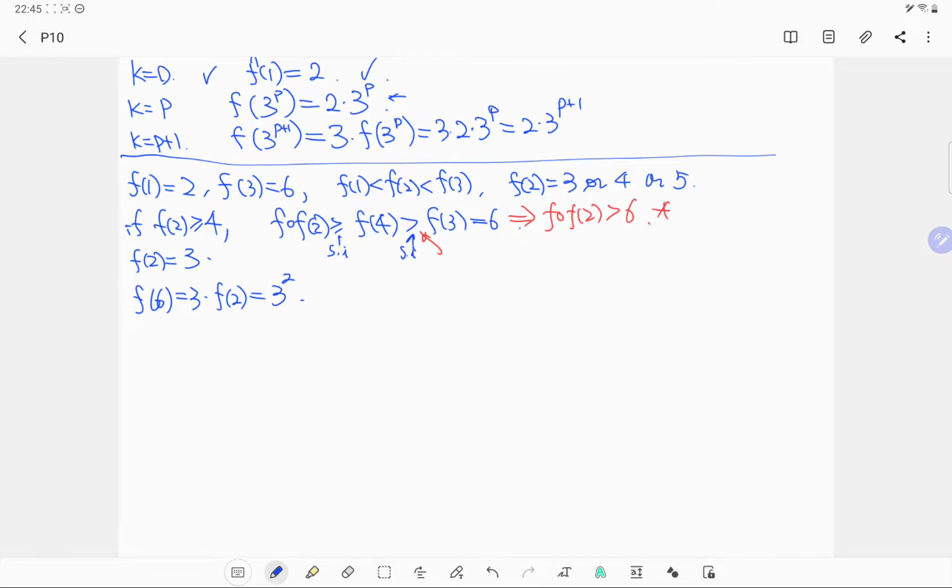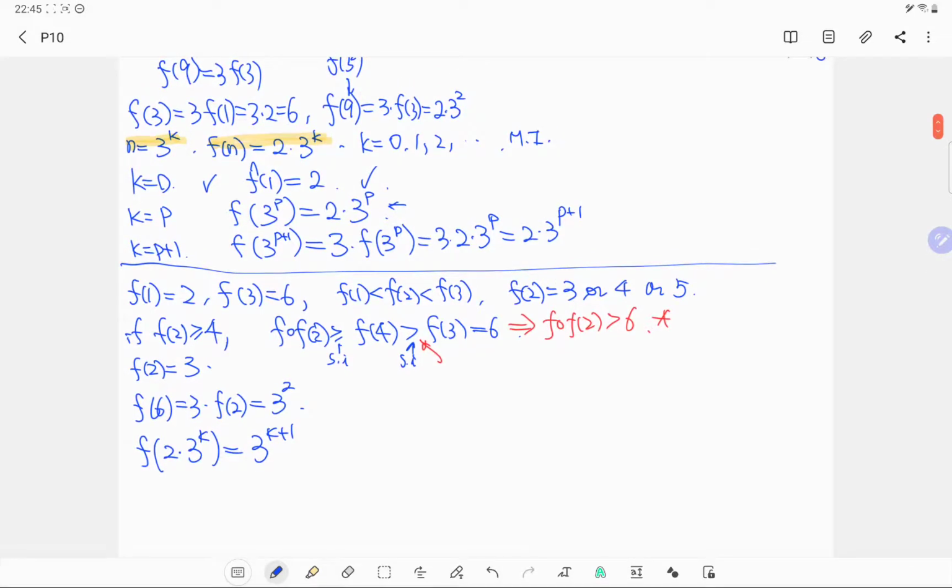And also we can use mathematical induction to prove that f of 2 times 3 to the k power should be 3 to the k plus 1 power. Actually, I do not repeat the mathematical induction here. You can simply follow this procedure to prove this one.